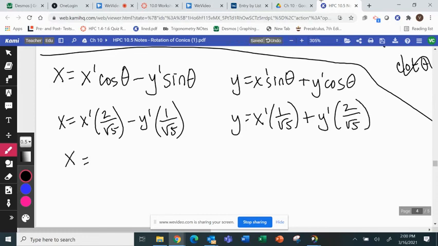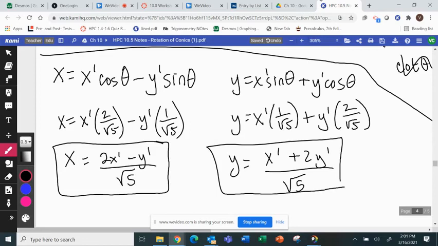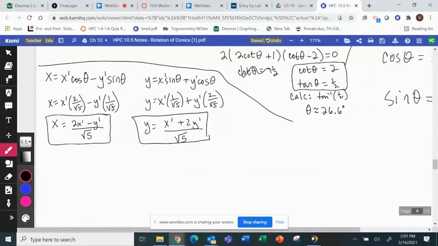And then I'll combine that, and I will get 2x prime minus y prime over square root 5 for x. And then for y, x prime plus 2y prime over square root 5. And then we have our x and y values.